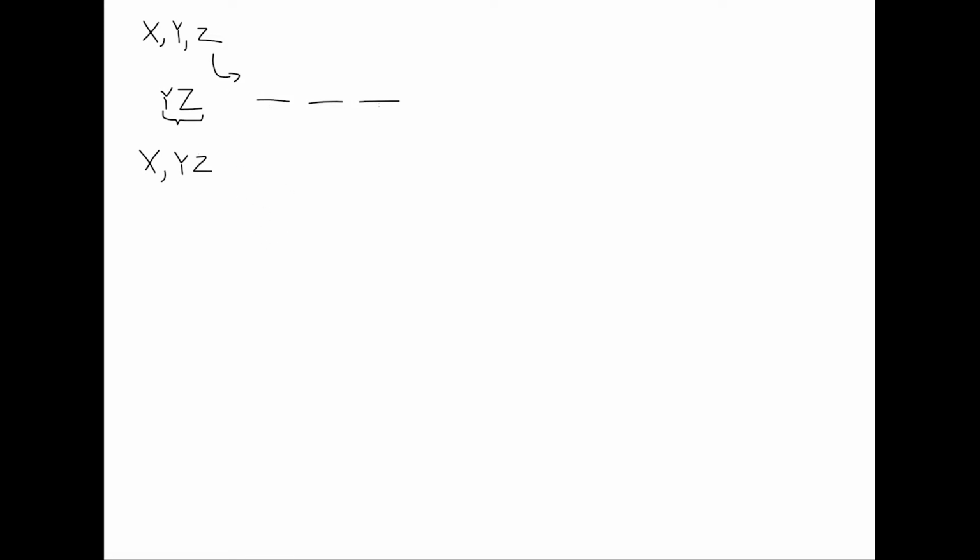Now, do we still have three positions that we're taking? No, we actually only have two positions now. If yz is its own element, then we only have two positions, because we only have two initial elements.